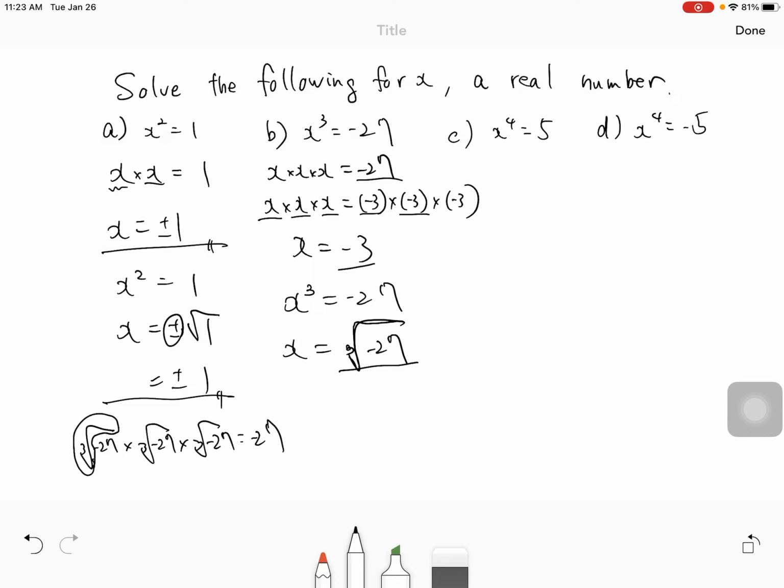So this notation is so convenient if you have no idea about the answer. You can just put the third root of negative 27. That's it. But in this case, negative 27 is the product of negative 3 times negative 3 times negative 3.